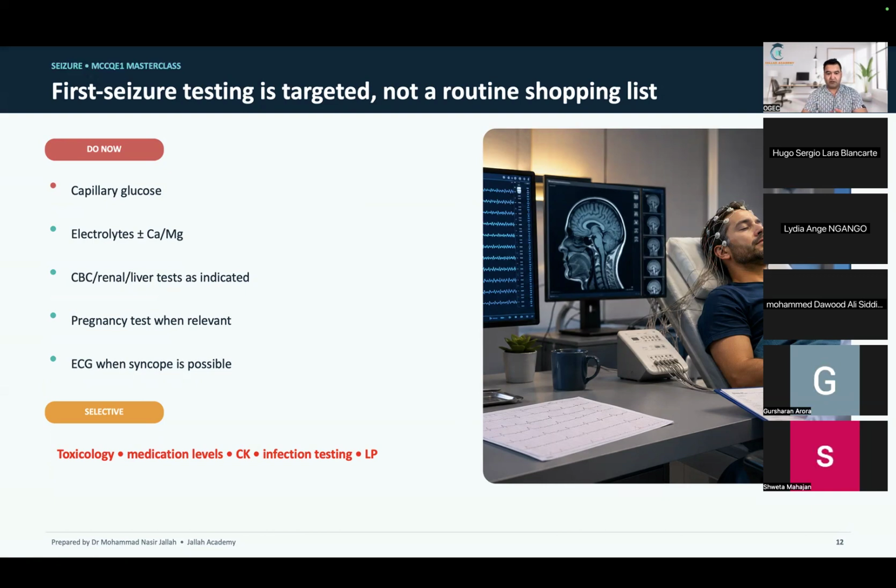Toxicology, you have to do it selectively based on the condition. Medication, always ask, but if you're suspecting, you need to go after it. CK, infection testing, and LP.